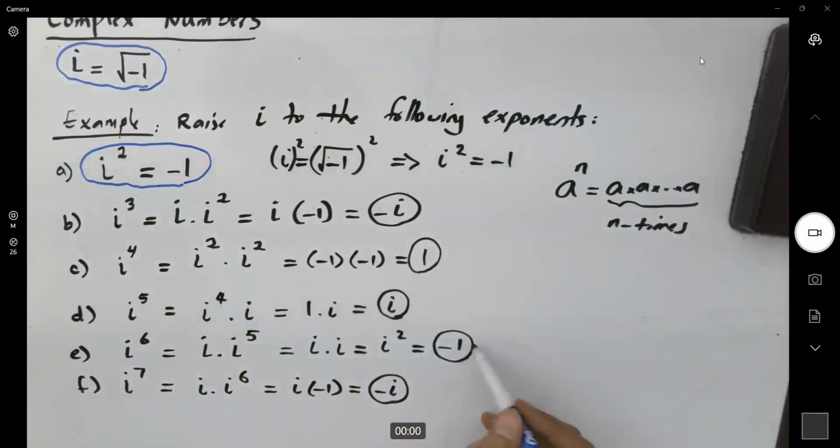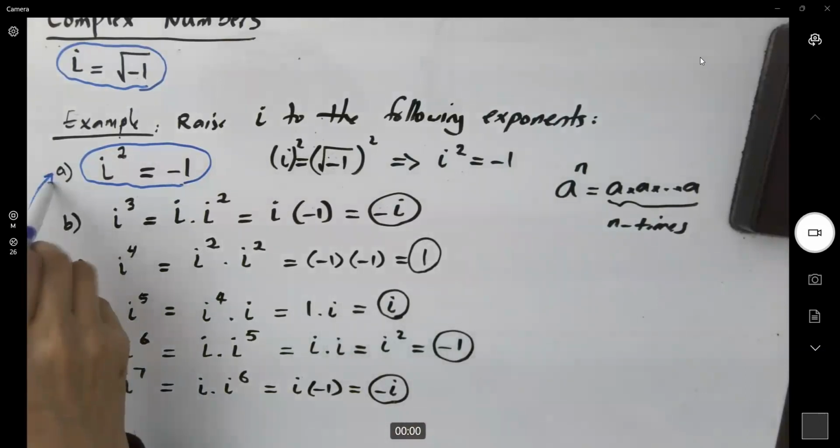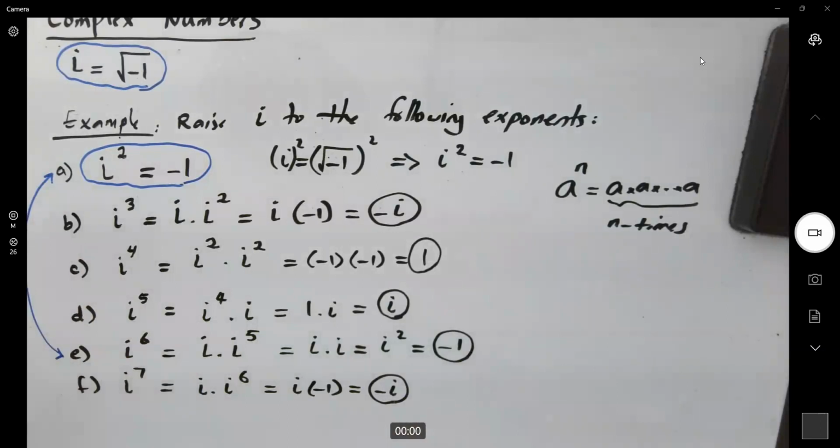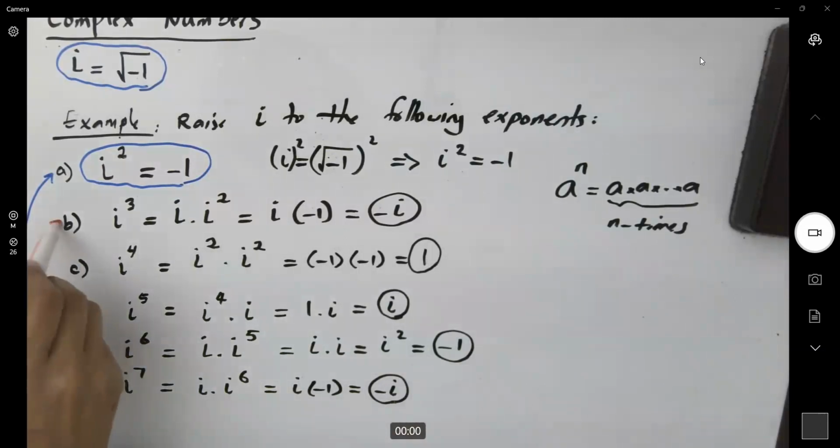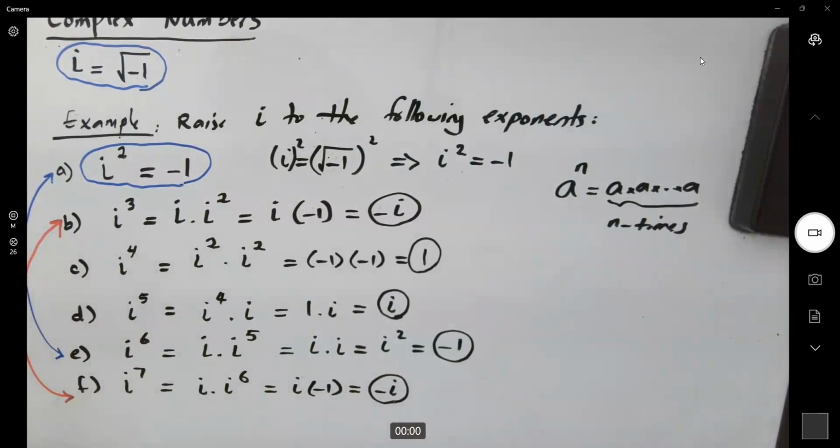So i to the 6th and i to the 2nd, they are the same thing, negative 1. i to the 7th and i to the 3rd are the same thing. So if I raise i to the 8th power, we expect that to be the same as i to the 4th, and so on.